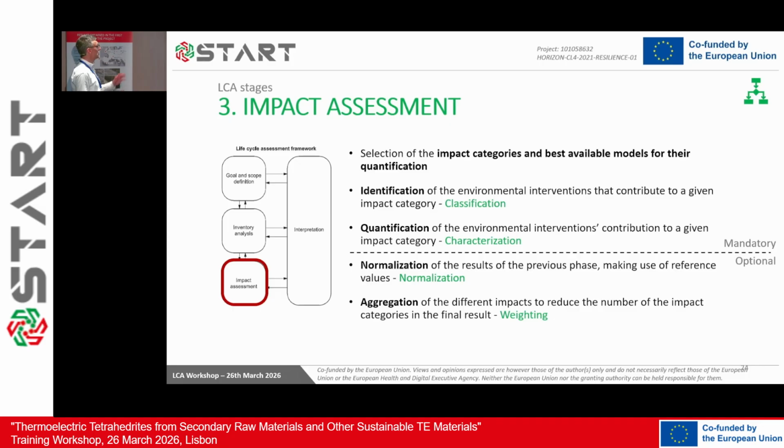So this step with aggregation is also an important step, but if well done, and many methods use and develop this, it's very helpful to reduce the number of categories and have sort of a single score for the environmental impact, which is a good way to communicate.